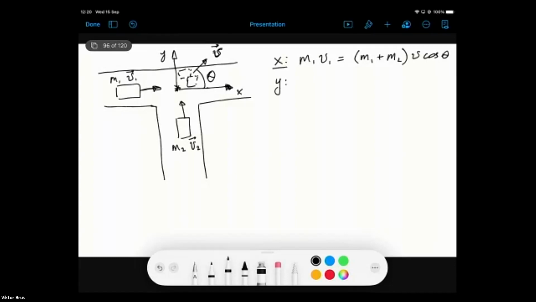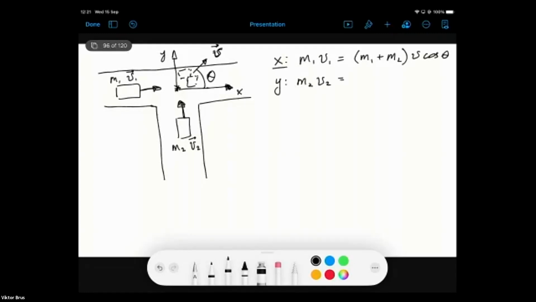(m1 plus m2) v sine theta, perhaps? Yeah, that will be for axis y, what we are going to write next. Now we have m2 times v2, because this vector is aligned along axis y.